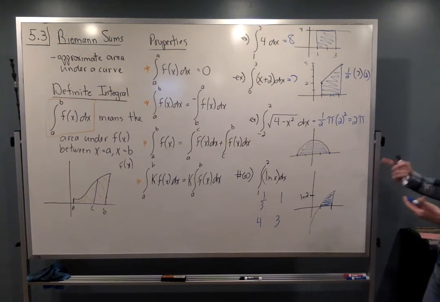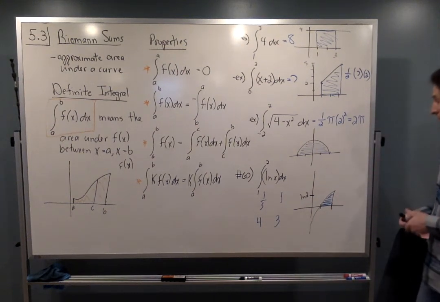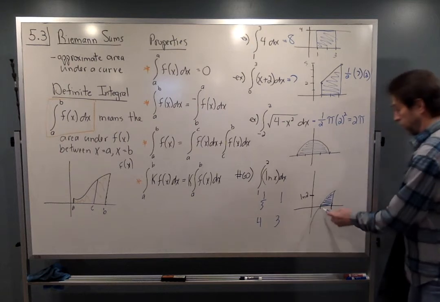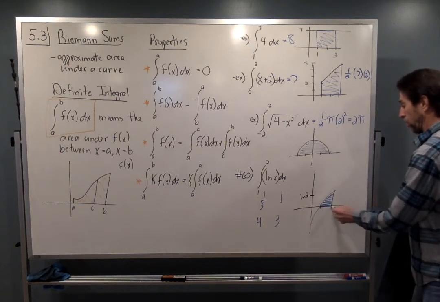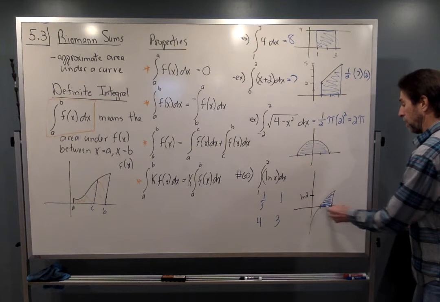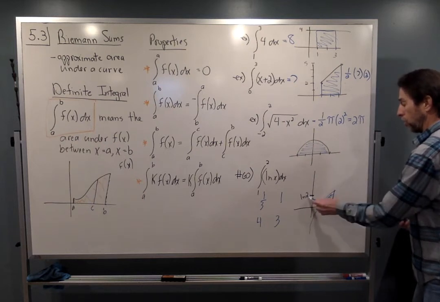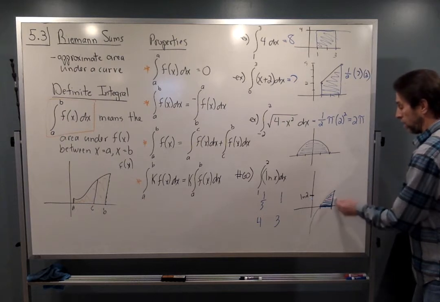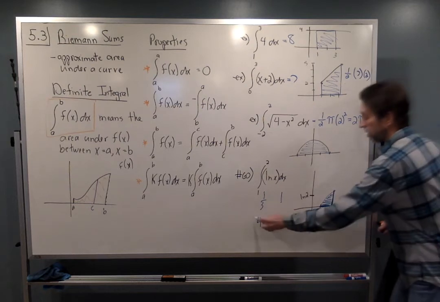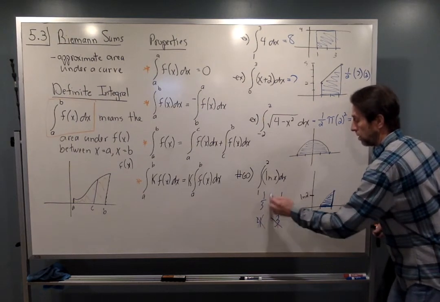Only because we know what it means in terms of area, there's no way it's going to be these two. Because think of this as a rectangle. That's going to be 1. This height, log 2, is basically less than 1. So that's less than 1. So the only one that's going to work would be 1/3.